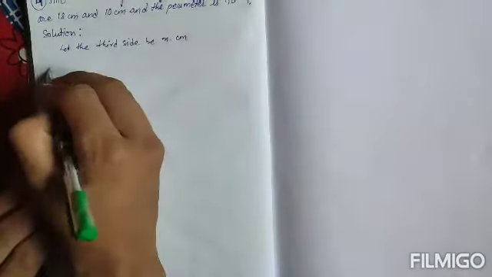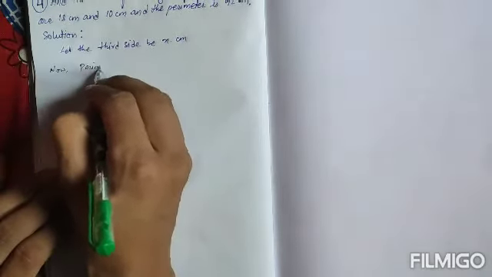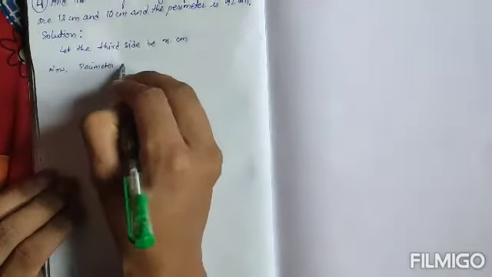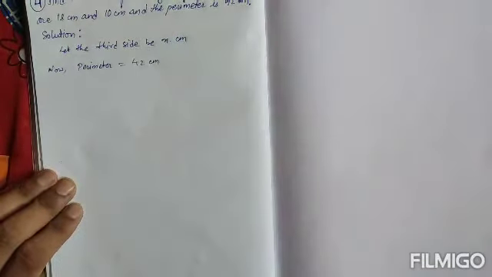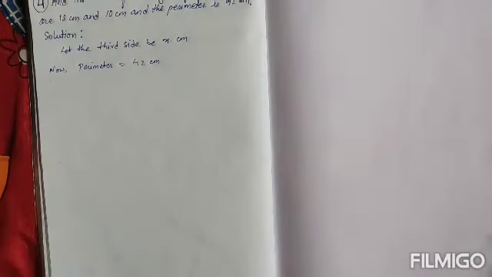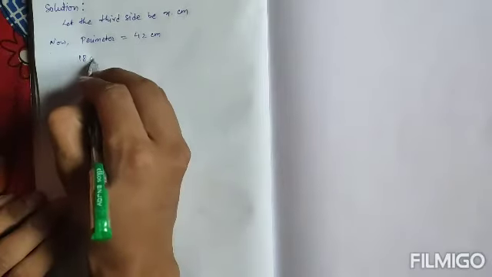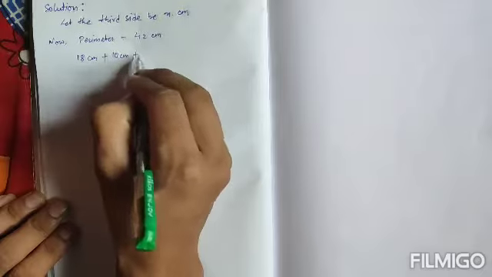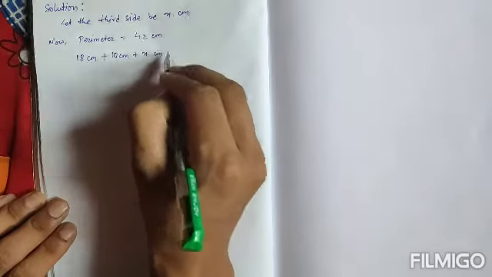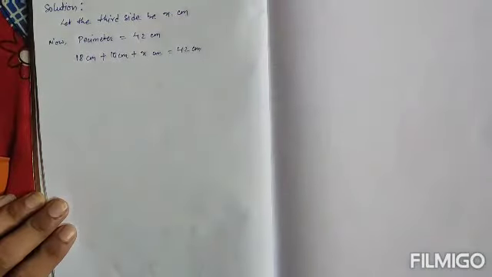Then what is given? Now perimeter is given, 42 centimeter, isn't it? But what do you mean by perimeter? Perimeter means sum of the three sides. So the first side is 18 centimeter plus 10 centimeter plus x centimeter equals 42 centimeter, isn't it?